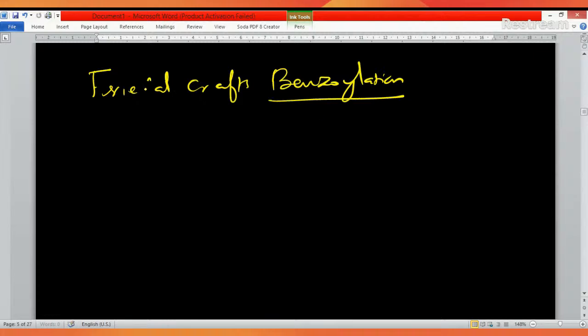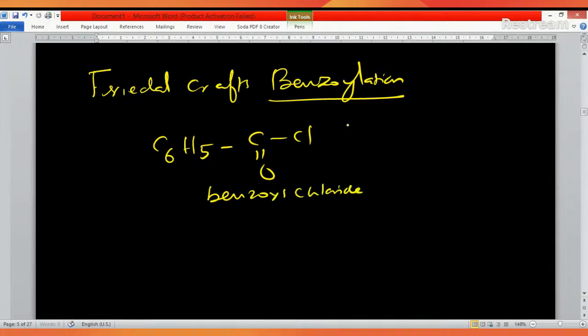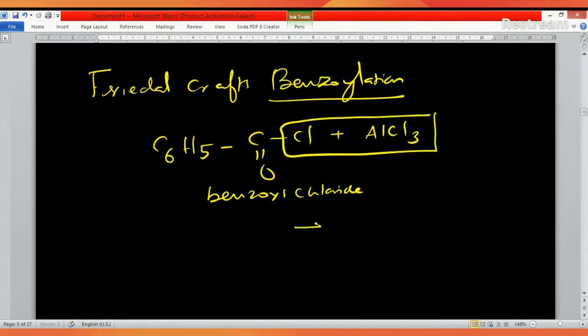Benzoylation means we will be taking benzoyl chloride, C6H5C double bond O Cl, an acid chloride which comes from benzoic acid. When it is in contact with AlCl3, in the same way you get AlCl4 minus, and the electrophile will be C6H5 C double bond O plus. The benzoyl group is obtained.